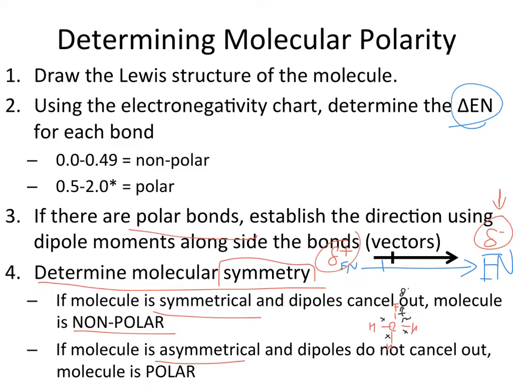Now, to figure out what the molecular polarity is, we have to look at the whole thing here. We see that this is not a polar bond, that's not a polar bond, that's not a polar bond, but this is a polar bond. So this part of the molecule on the top here will be slightly more negative than this central atom, or the bottom of the molecule here, which is going to be slightly positive. Because this side is more negative than this side, we've created an overall molecular dipole. Okay, molecular dipole.